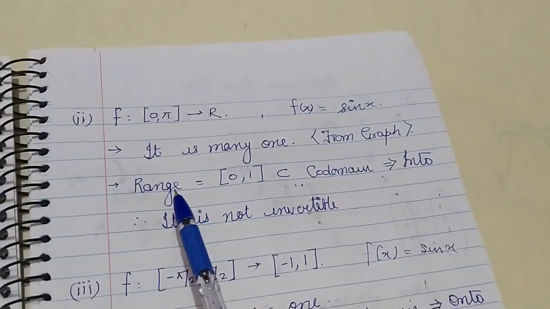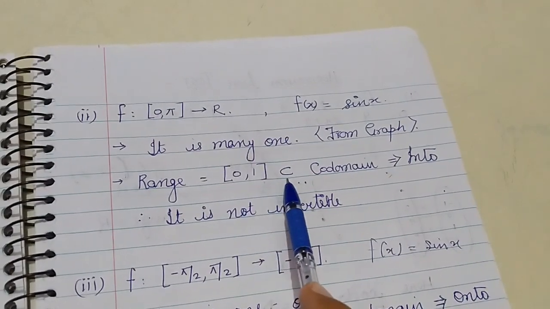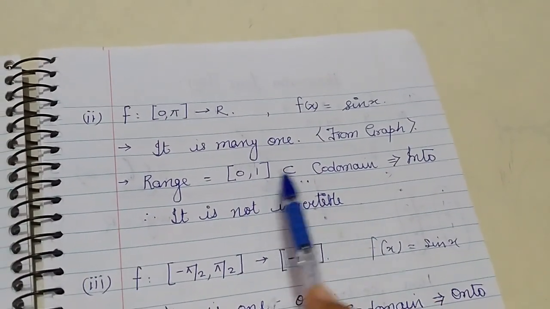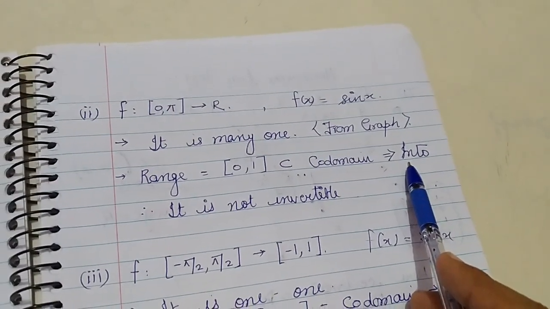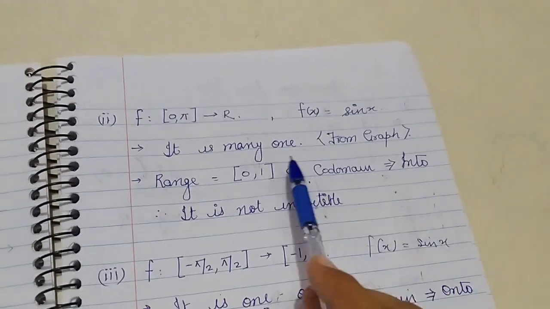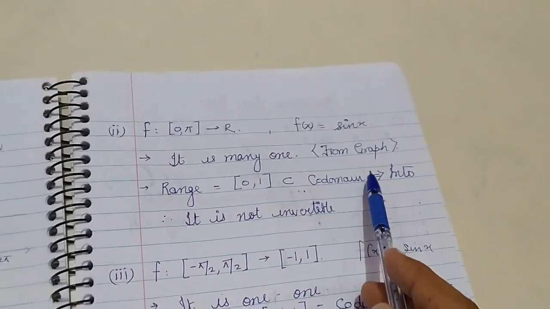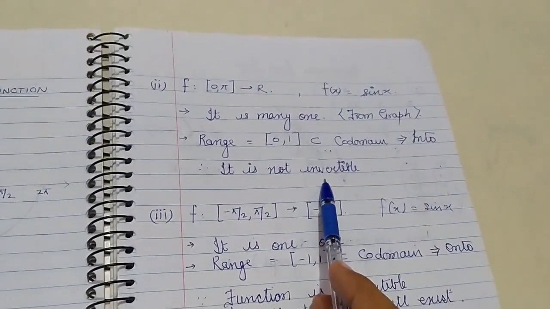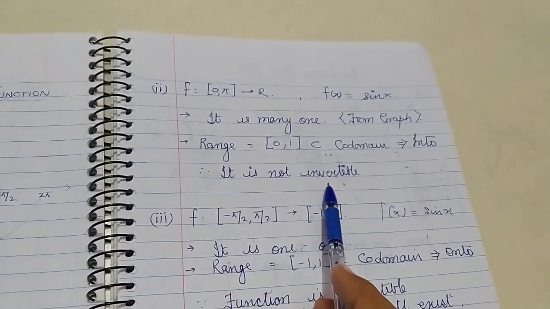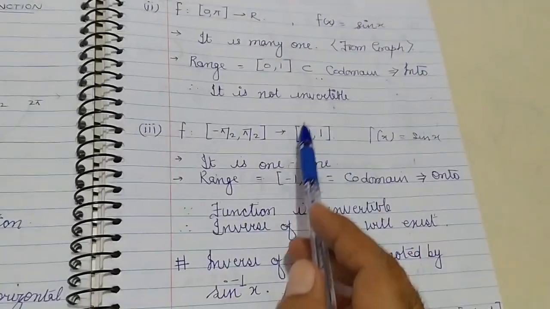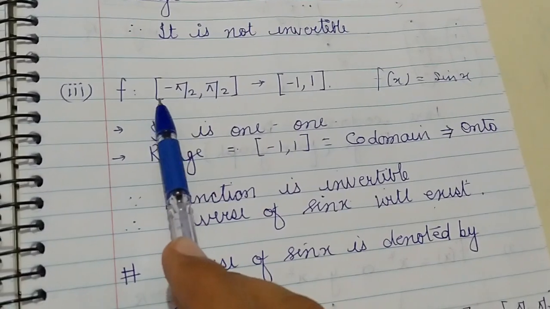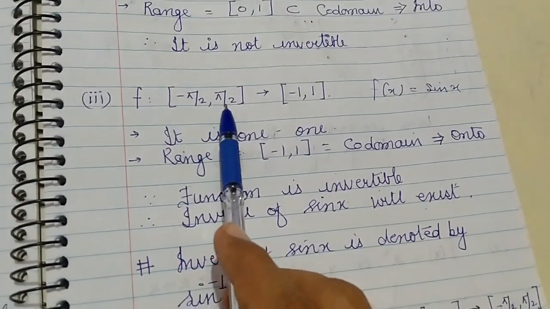So we can say that here the range is a subset of the codomain. Due to this it is an into function. Since the function is not 1-1 and onto, it is not bijective and hence it is not invertible.